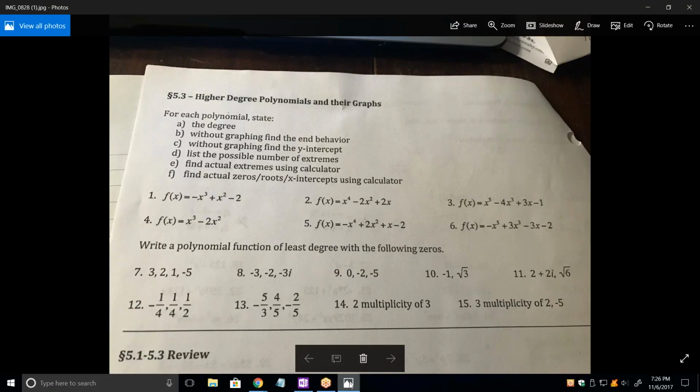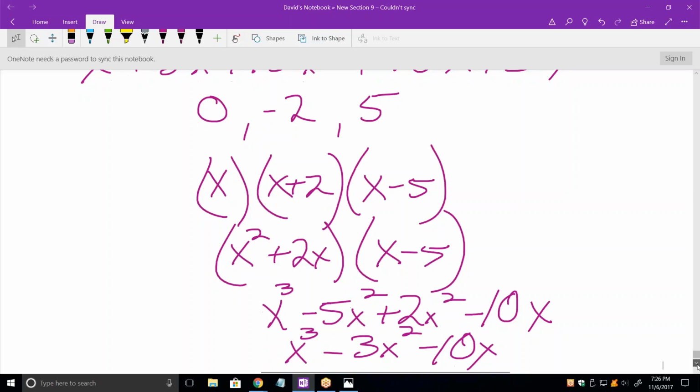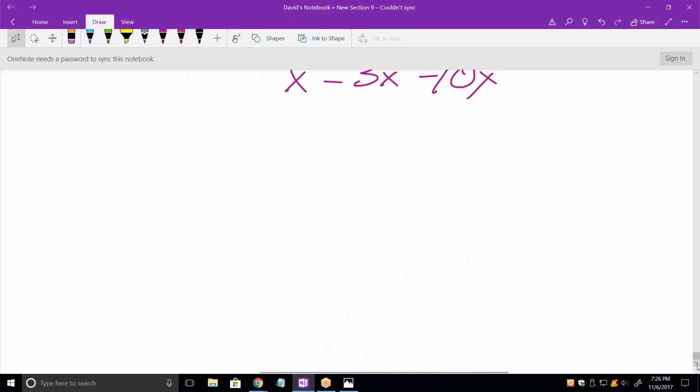Minus 1 and root 3. All right, so it'd be x plus 1, x minus root 3, x plus root 3?